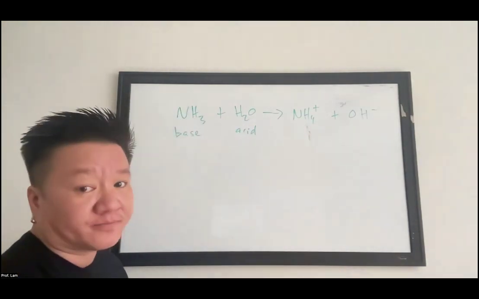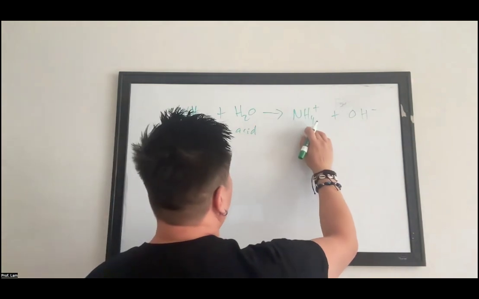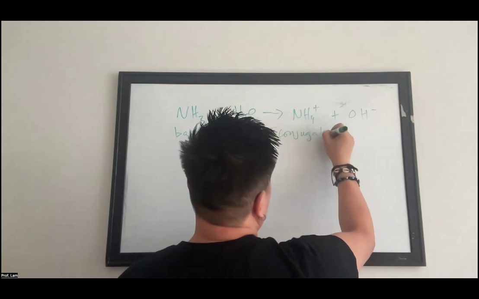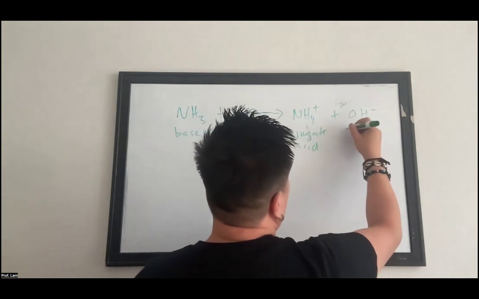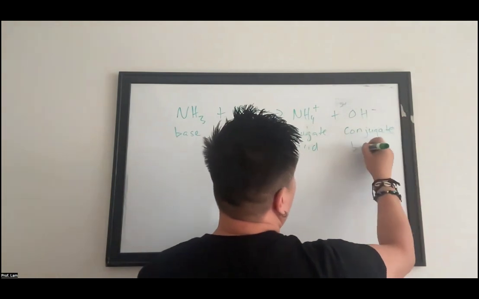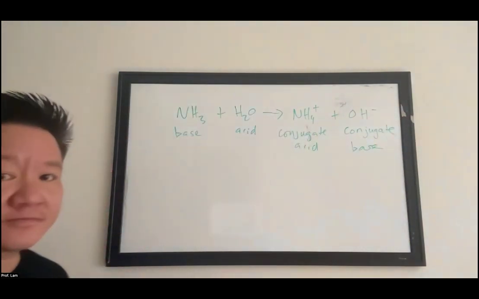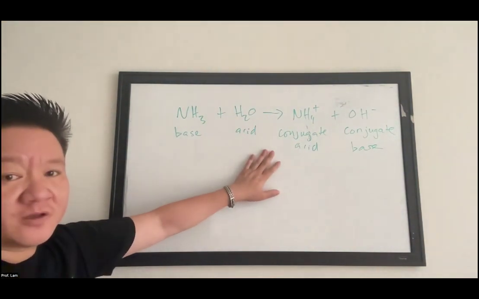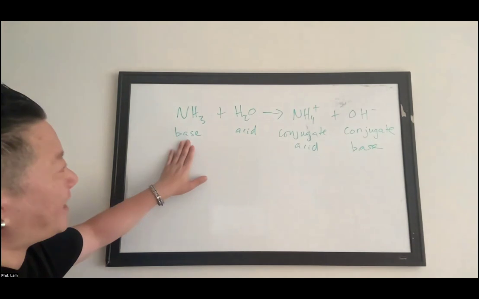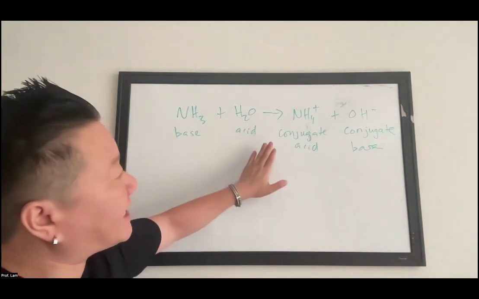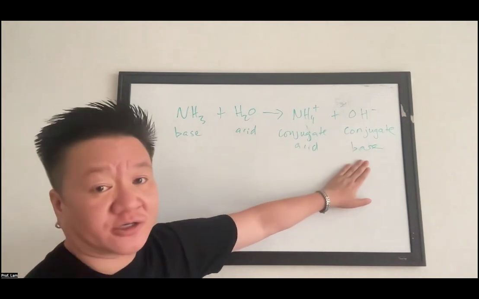to become water. So this is why we call NH4 plus the conjugate acid, and we call this one the conjugate base. Okay, so you have that relationship where the base and the acid come together to make the conjugate acid and the conjugate base.